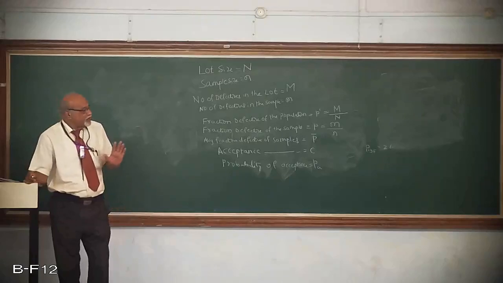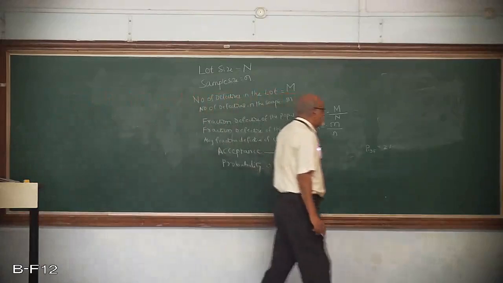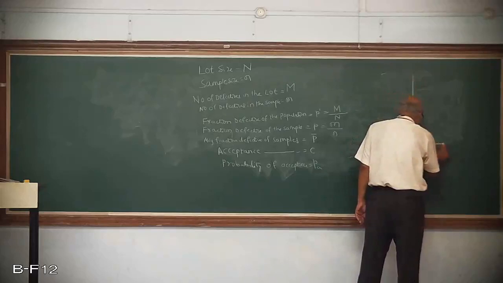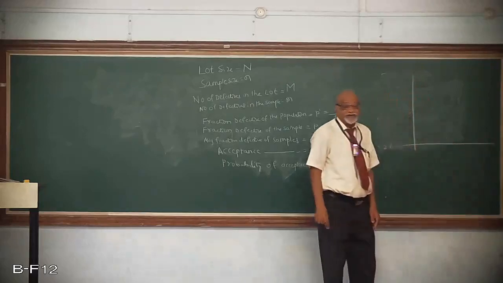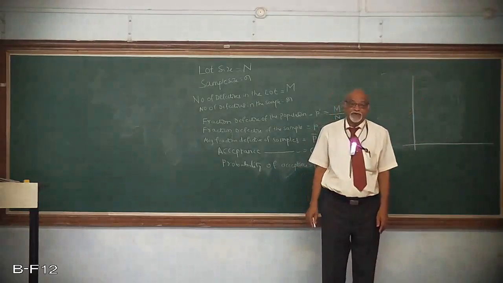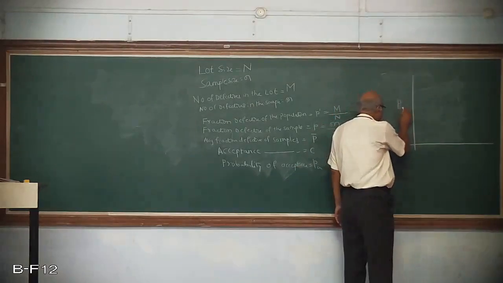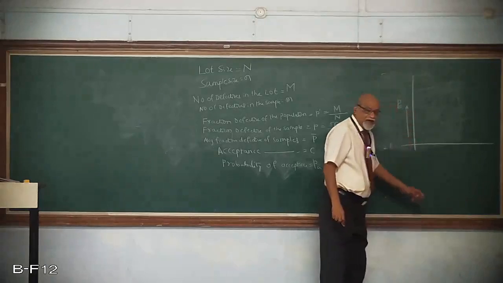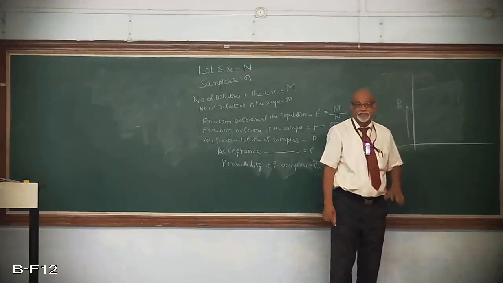That means the OC curve is nothing but the curve which will tell us the relationship between the probability of acceptance and, because this probability of acceptance depends on the fraction defective, of what? Of the lot.